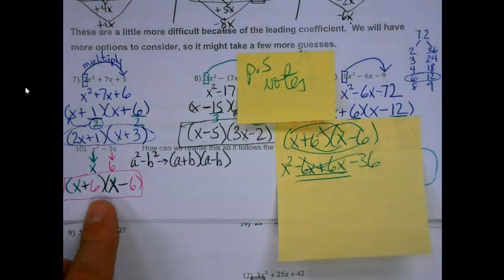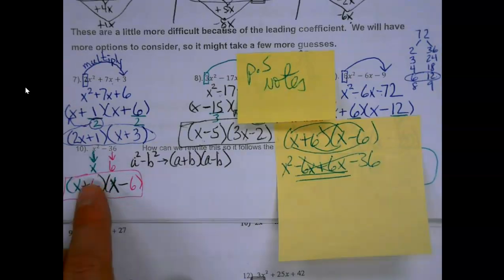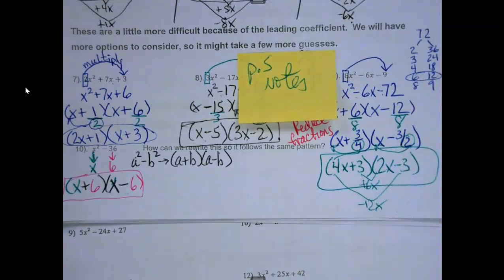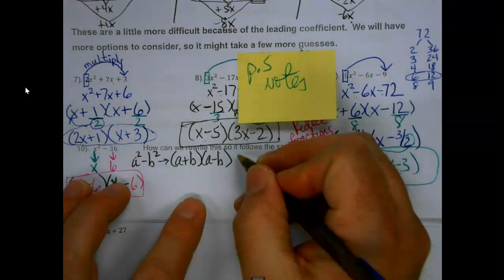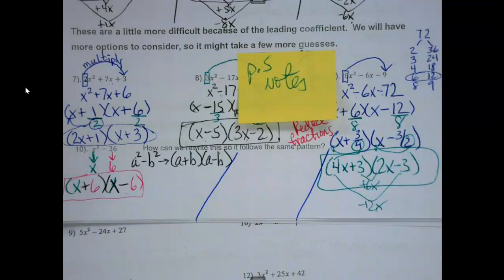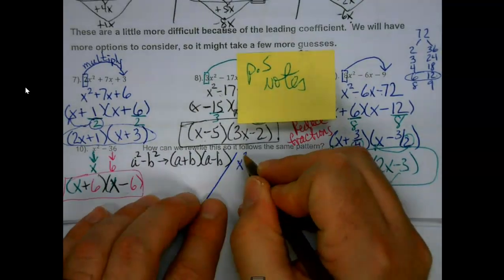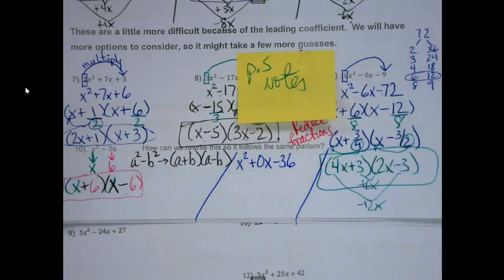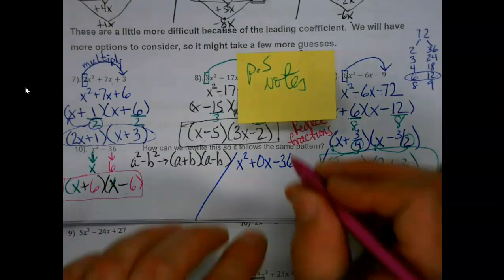Now, if you're like, even though I've got the notes, I'm not sure I'm going to remember that, here's your other option. My other option is to stick a 0 in for the x. That's legal, 0x would still be nothing. Then I could do it like we were doing Friday.